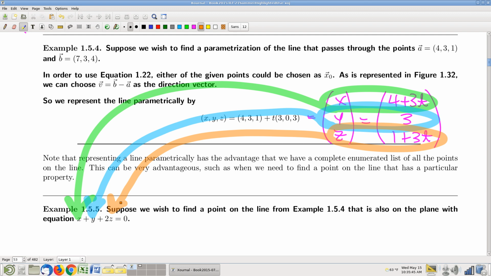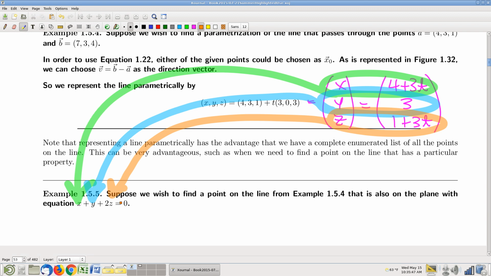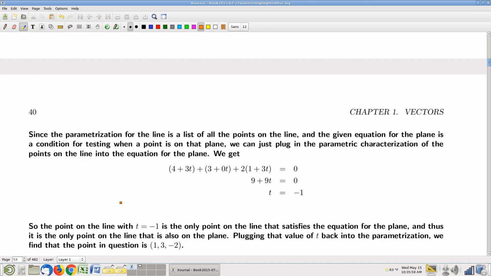So here's how we plug that in. I'm literally going to write down x plus y plus 2 times this z, and see what happens. And so here it is. There's our x, and there's our y, and there's 2 times z, and that gives us this equation.